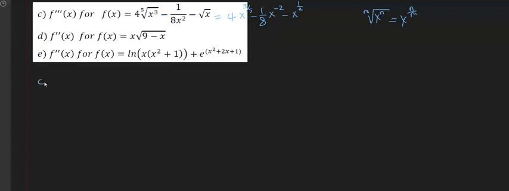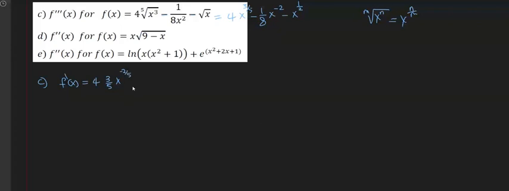Now for part C, let's compute the f dash from the rewrite that we did for f. Now we have 4 times x to that power. We drop the power, so it's going to be 4 times 3 over 5, and the new power of x is 3 over 5 minus 1, which is 3 minus 5, negative 2 over 5.